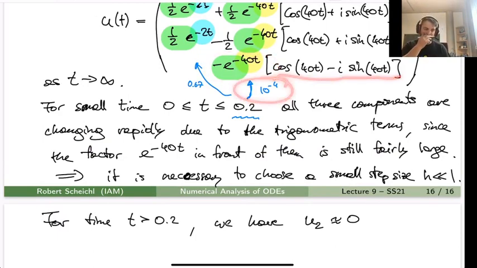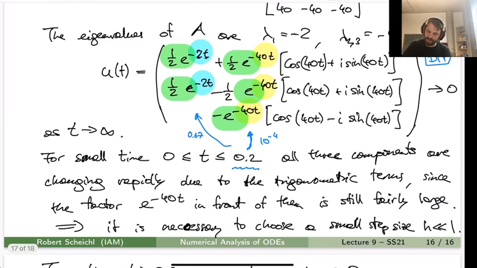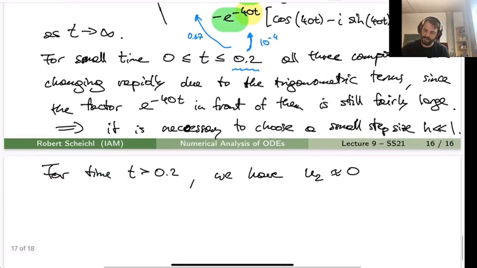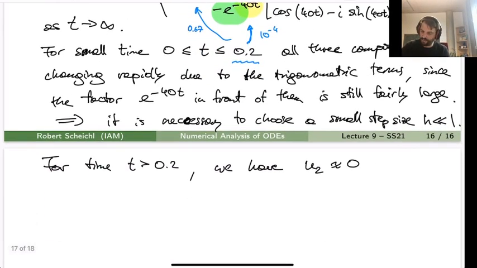So u2 will be of the order of 10 to the minus 4, and equally because these two terms will also be negligible, u3 will be approximately 0, and u1 will be approximately equal to u2.